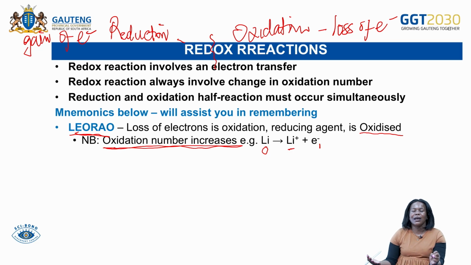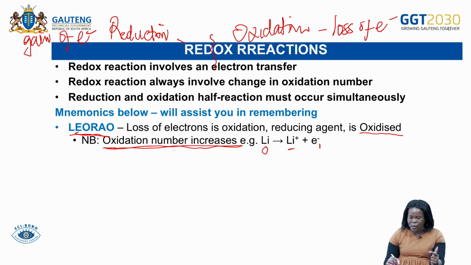Now it's regarded as an ion. What type of ion is it? It is a cation. So what did we say about monatomic ions? We said that in monatomic ions, the oxidation number is equal to its charge.